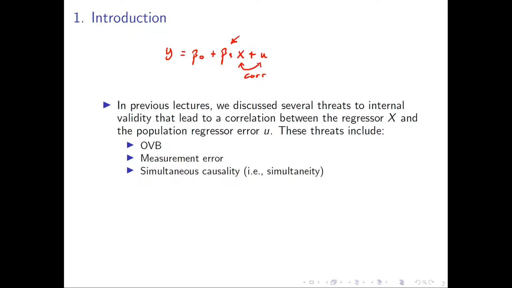Some of the causes behind this can be omitted variables, in which we get omitted variable bias, measurement error in measuring the independent variable, and simultaneous causality, in which X affects Y, but at the same time, Y affects X.